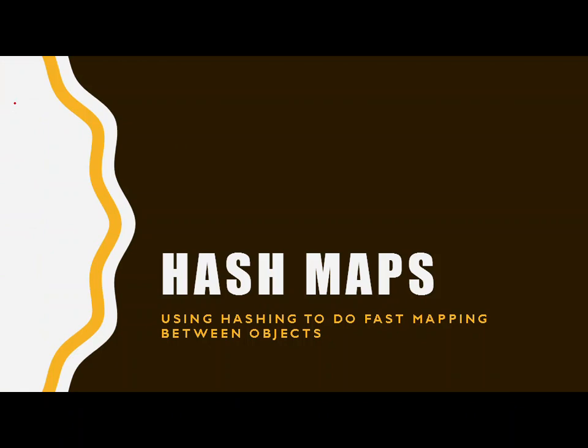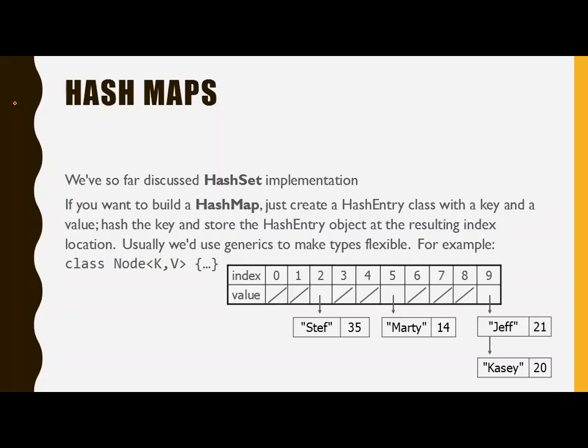A hash map still has this set property of not taking in dupes, but it also has a mapping property which says, you give me one thing, I'll give you another thing. You give me a person's name, and I will tell you that person's age, for instance. Or you give me the person's ID in a string format, I will tell you their name or something else.